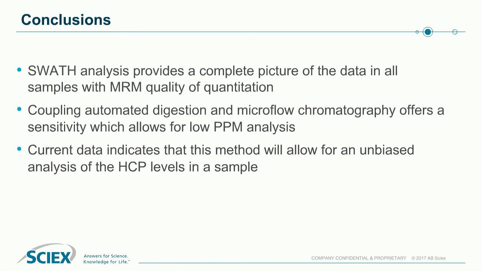Currently, it looks from the data that we're generating in collaboration with BTI that we're able to analyze the host cell proteins at levels which are required, from what we're hearing from other customers in the market segment, which means that we seem to be on the right track.